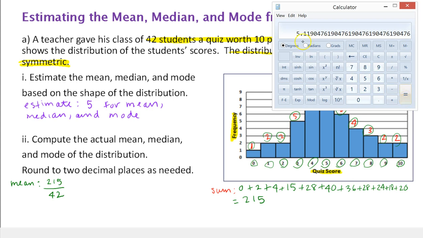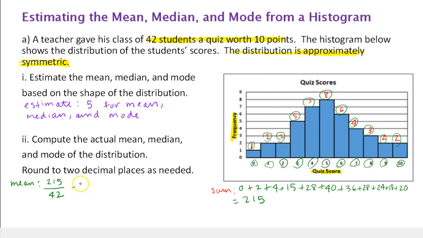Rounded to 2 decimal places, it is 5.12. We had estimated 5 for the mean, so that's a good estimation, and the actual value, which we probably never would have guessed, is 5.12.